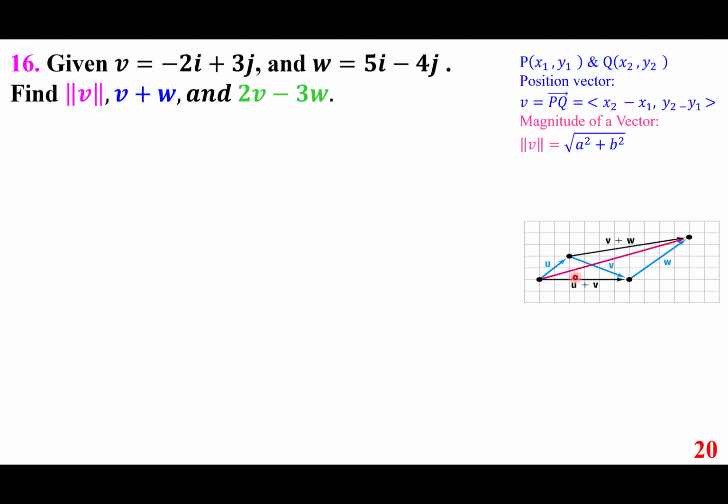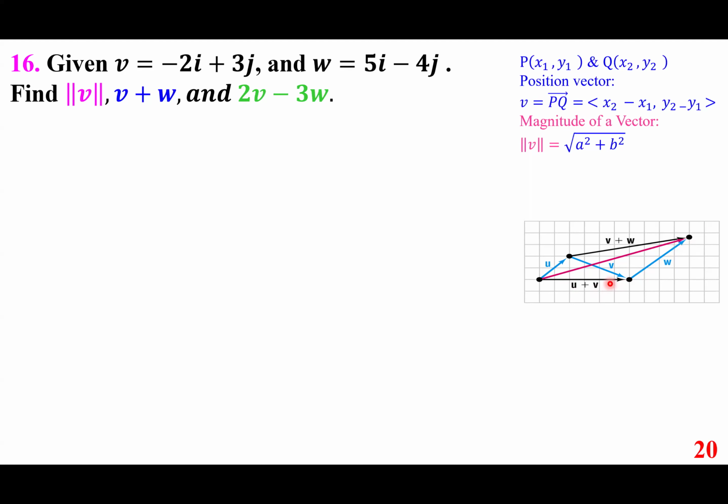If you want to add two vectors, let's say you want to add u plus v, you put the initial point of v at the terminal point of u. So u, v, and this becomes u plus v. Now you want to add w to that. You put the initial point of w at the terminal point of their sum, u plus v.